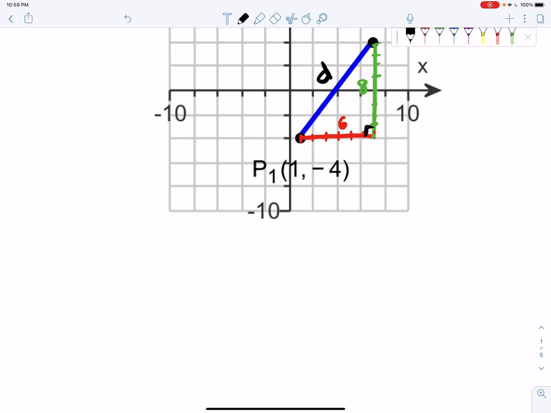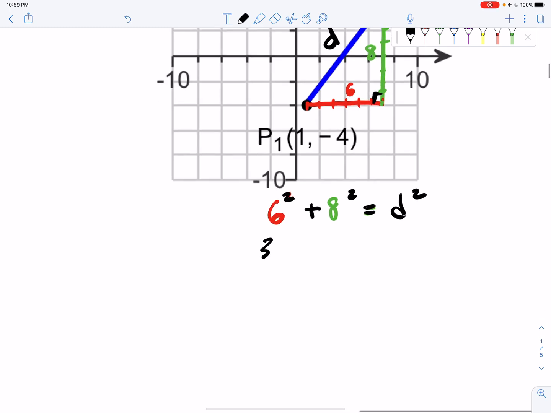Of course, with the Pythagorean theorem, you would say a squared plus b squared equals c squared. So you'd say 6 squared plus 8 squared equals d squared, right? That'd be the Pythagorean theorem.